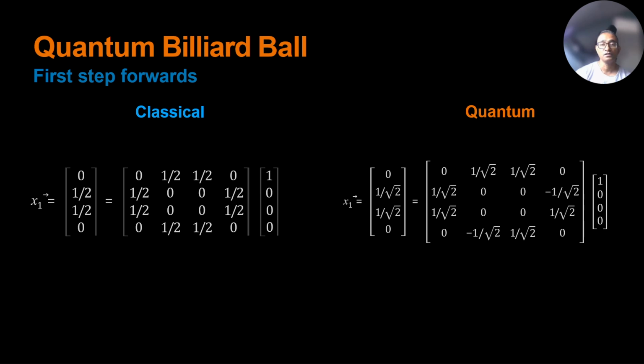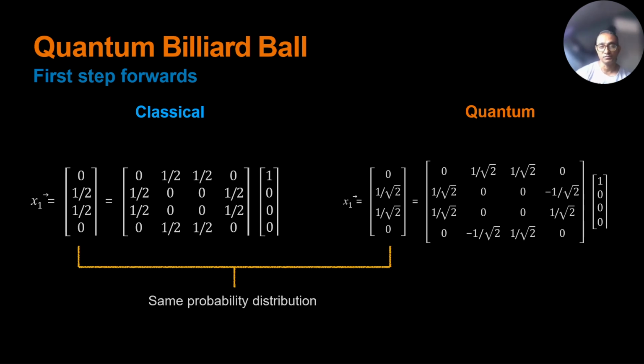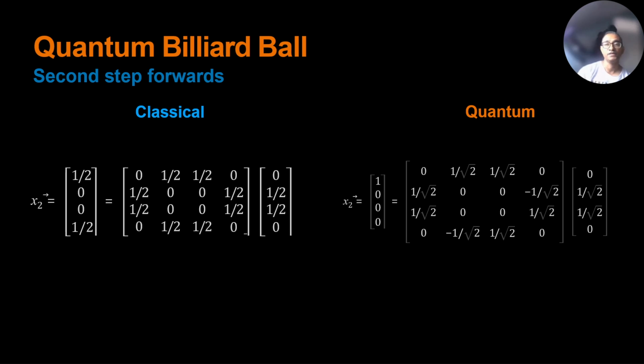Now, let's assume that we take the second step, where we start from x1, apply the operator again, and see where we end up. In the classical case, the probability distribution has shifted from vertices 2 and 3 to vertices 1 and 4, because now we have 1/2, 1/2 at the indices of vertices 1 and 4.